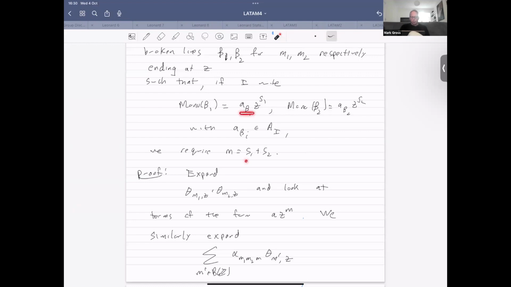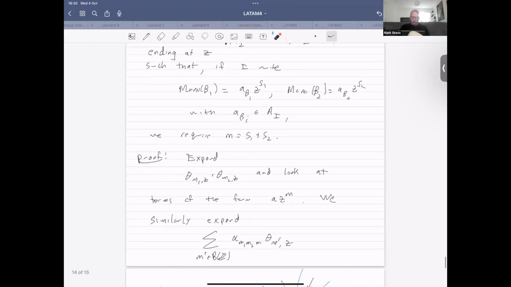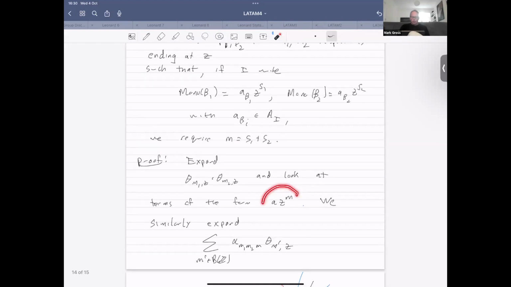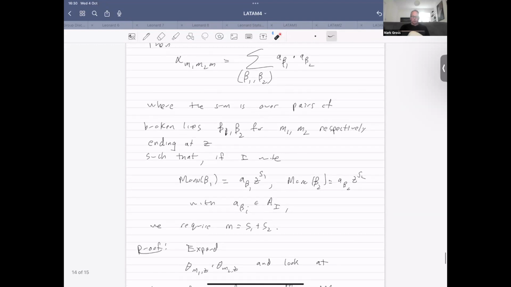When we multiply this by this, you get z to the s1 plus s2, so you need s1 plus s2 to be m in order to get a term a z to the m in this expansion. So the left-hand side, in the coefficient of z to the m, is precisely what we wrote down over here.